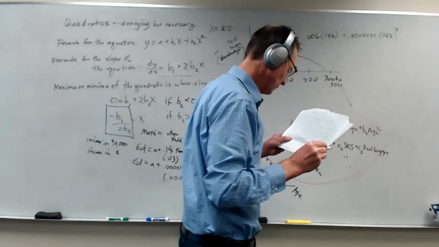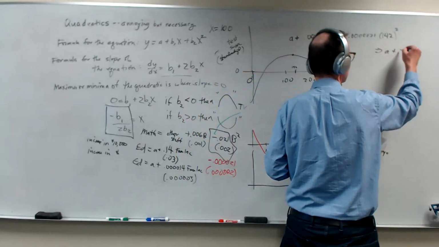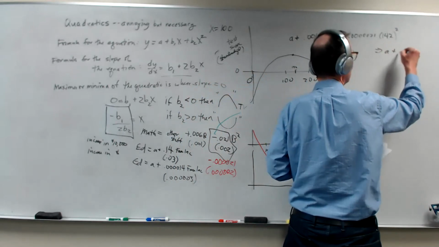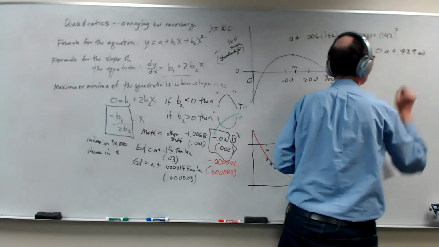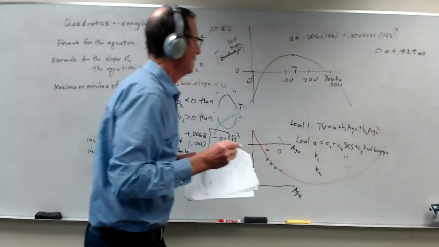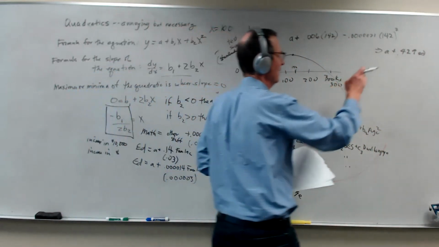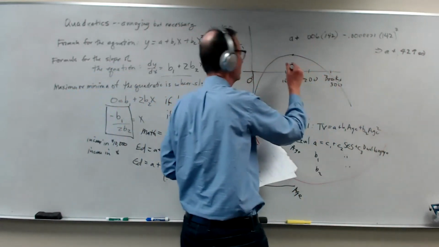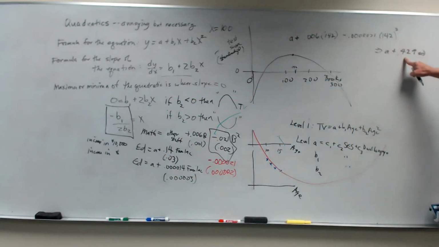And if you work that out, that ends up being A plus 0.429. All right, so whatever the mean is for everything else, we're going half a standard deviation above that to get to the peak, basically.